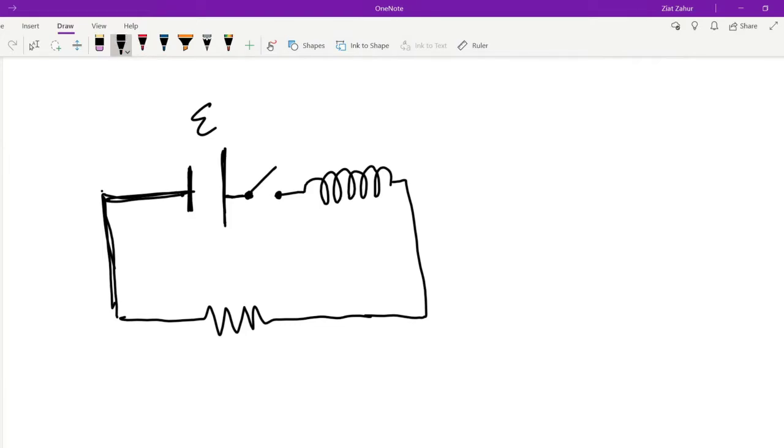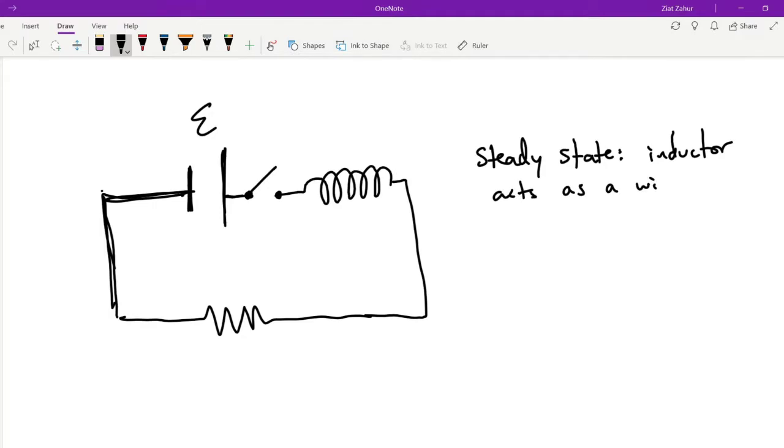Let's go and define a new term called the steady state. Okay, the steady state is where the inductor acts as a wire. Okay, so no resistance, ideal wire.